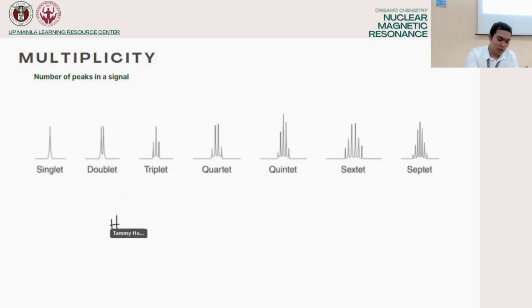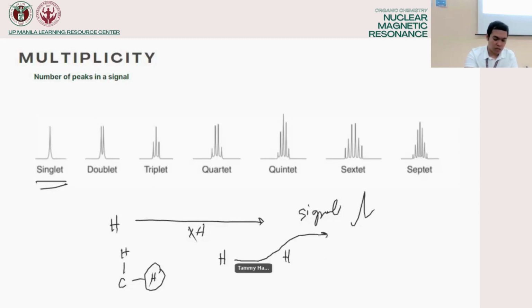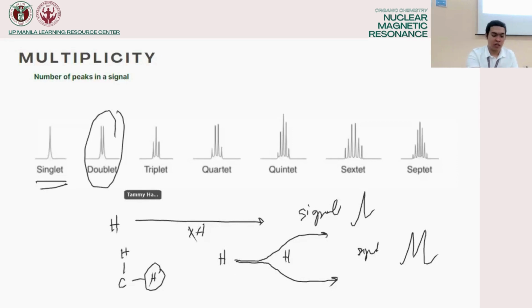If this is your hydrogen signal and there is no neighboring hydrogen, it's a single peak. But for example, you have this molecule and there is a hydrogen here. If there is a hydrogen next to it, the signal splits, and the signal would be a doublet.